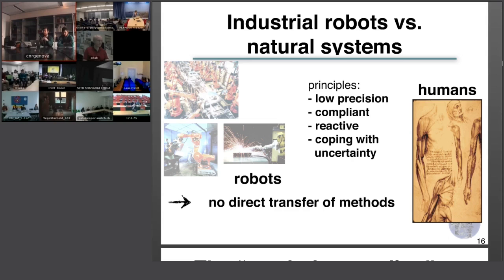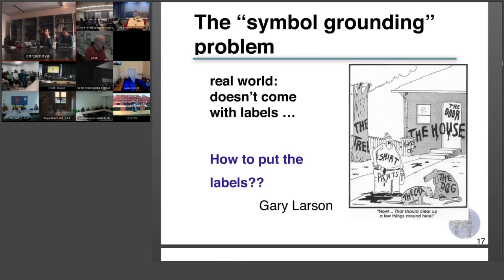On the other hand, we have low precision, compliance, so we don't have many rigid parts in our body, we are reactive, and we have a capability to cope with uncertainty, which is essential. One of the things which are really unmatched by our artifacts so far.